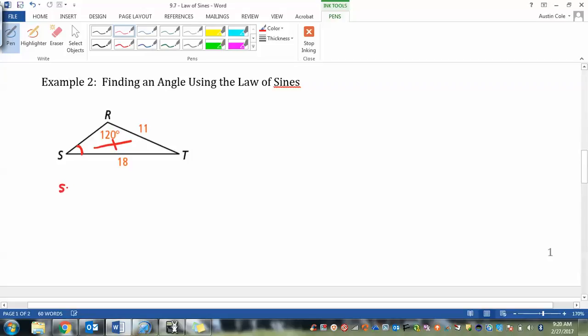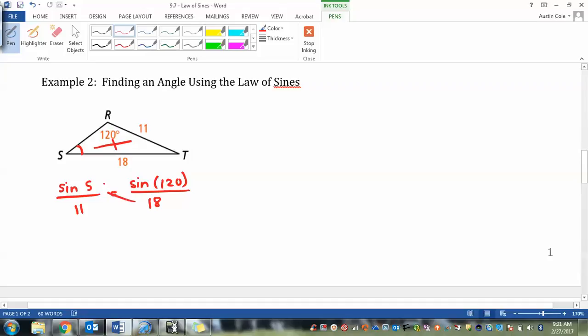So I say the sine of S over 11 equals the sine of 120 over 18. Okay, we're going to cross multiply like we have always done.